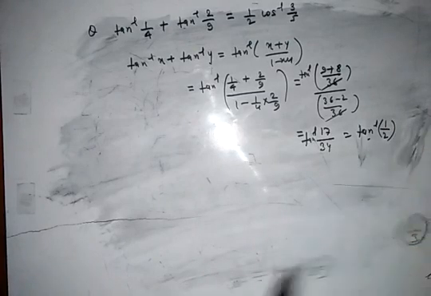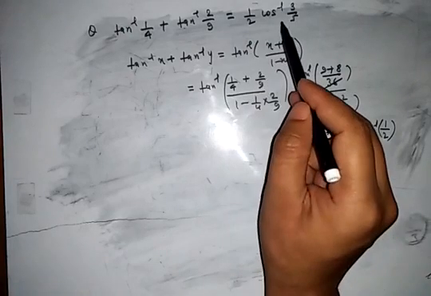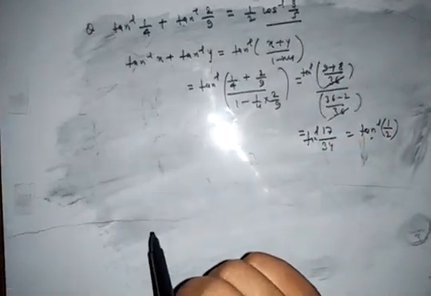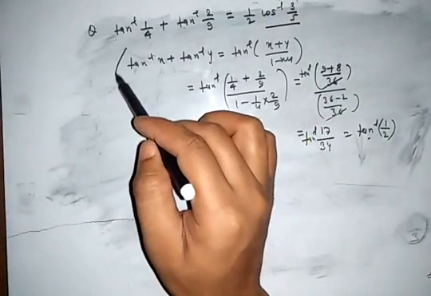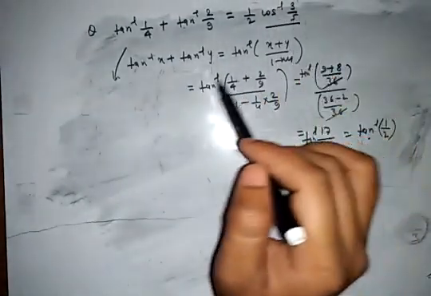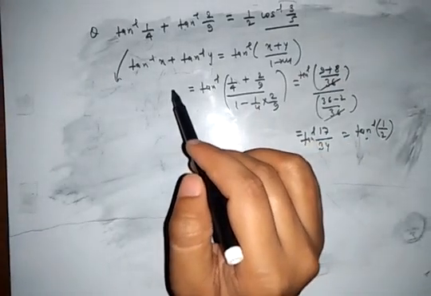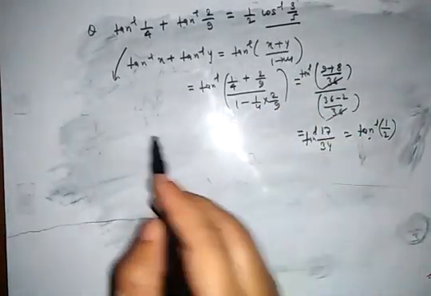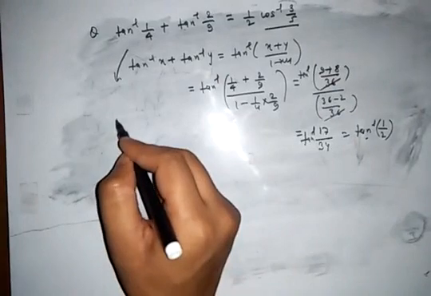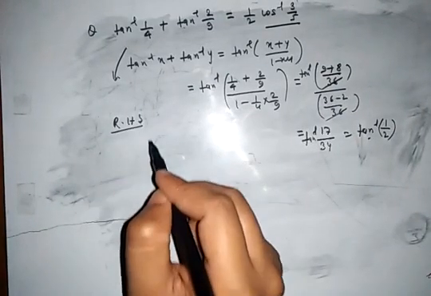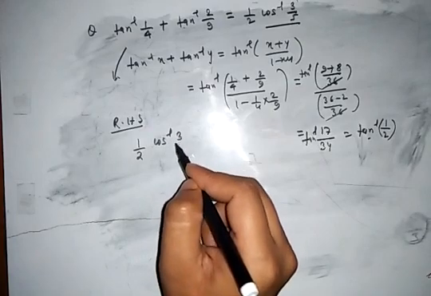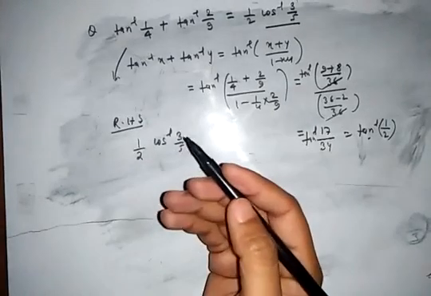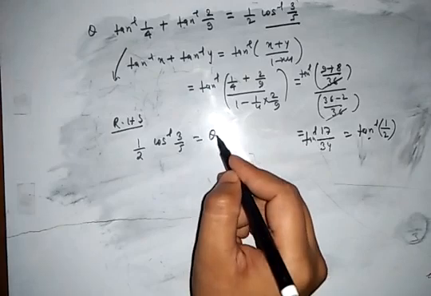So this is in the tan form, but the given function is in cos inverse 3 by 5. So this is the left side, LHS, and we can take the RHS and simply solve it. Okay, so now I am solving the RHS, the right hand side. Given here half of cos inverse 3 by 5. Let's assume this becomes theta.